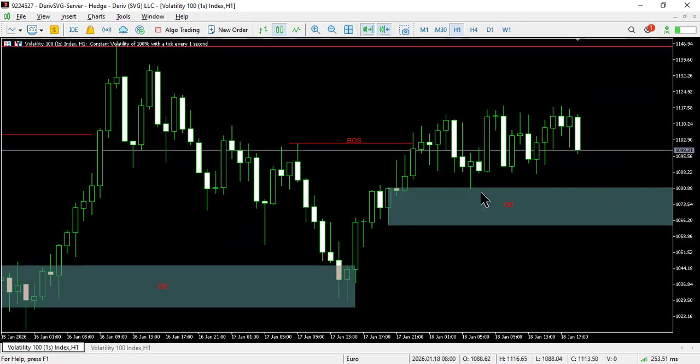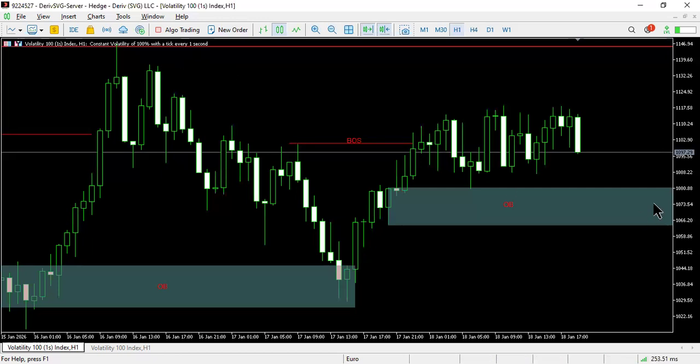So for this one, it's going to be a confirmation entry where you have to see at this order block price has to give you a bullish engulfing, a tweezer bottom, or a bullish pin bar, and then a doji plus the 3 reversal candlesticks which I just mentioned, and then you place an entry because price can just decide to slash through the order block and push to the upside.